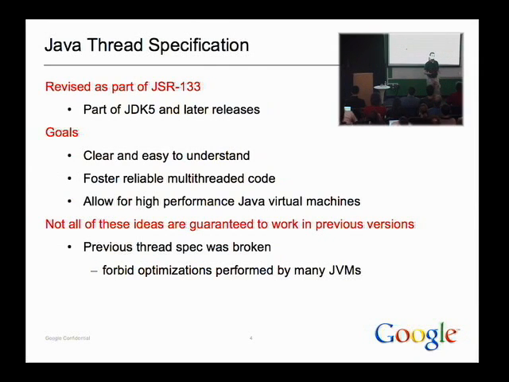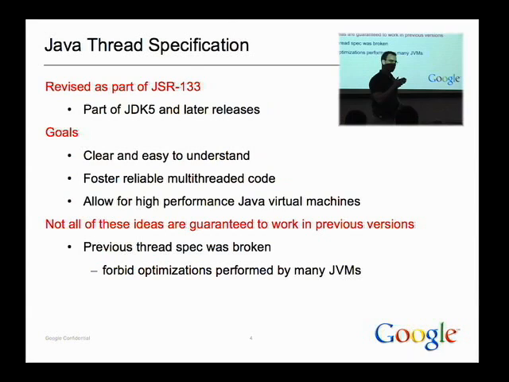So we had a few goals in the revision. One of the goals was to make it clear and easy to understand. Well, if any of you have actually looked at it, you know it's a little tricky to understand, but the goal was to make it clear and make it so that every question you ask actually has a clear answer.